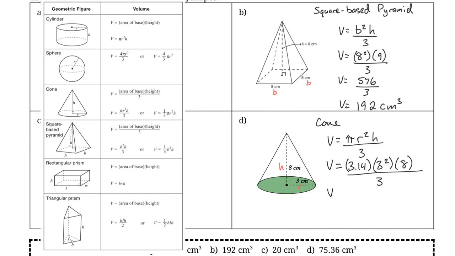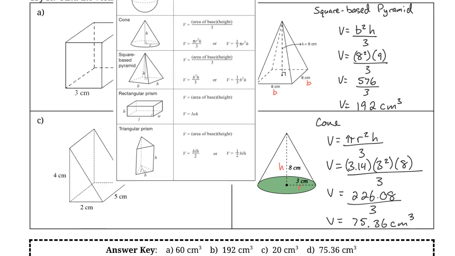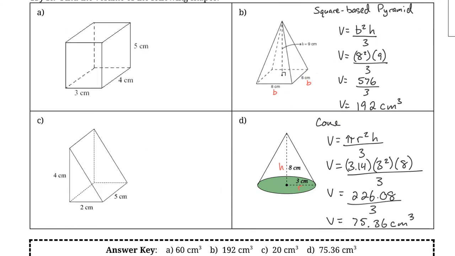So 3.14 times 3 squared times 8 is equal to 226.08, and that needs to be divided by 3. And once you do that, the volume is equal to 75.36 centimeters cubed. Go ahead and find the volume on your own of the last 2 shapes on this page.